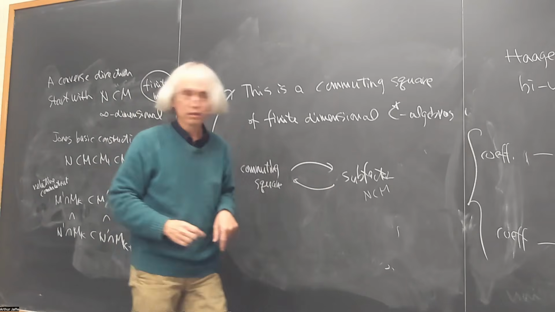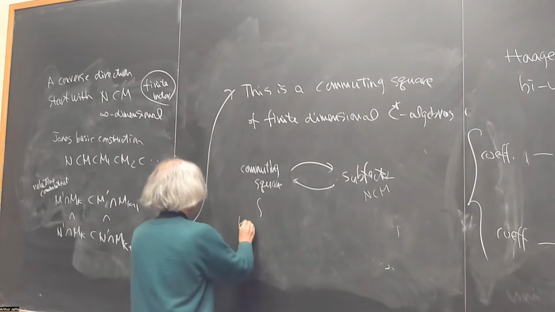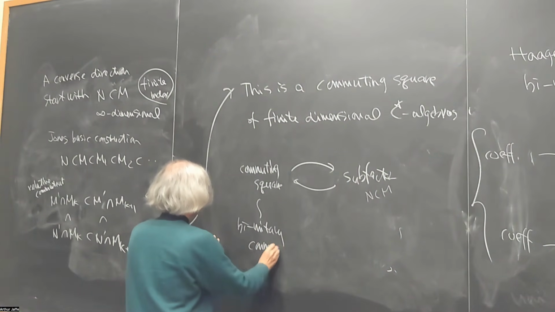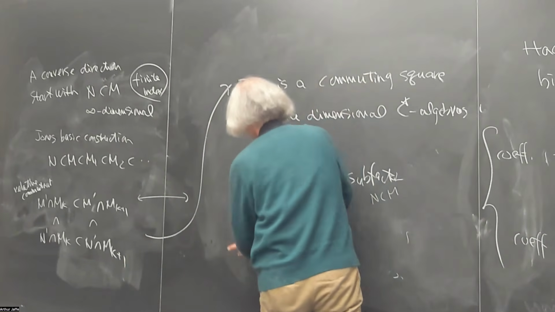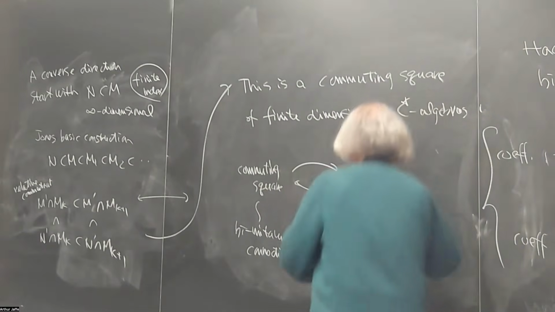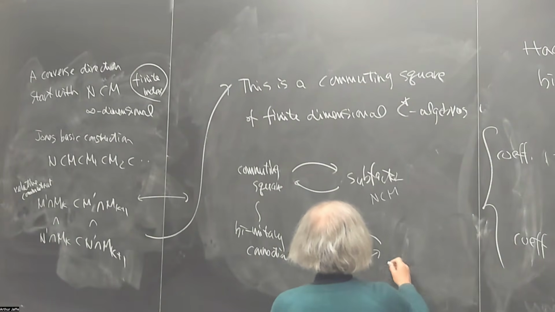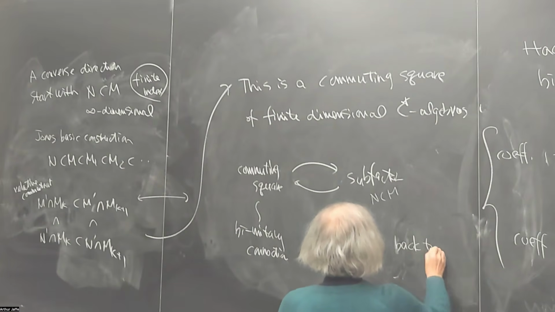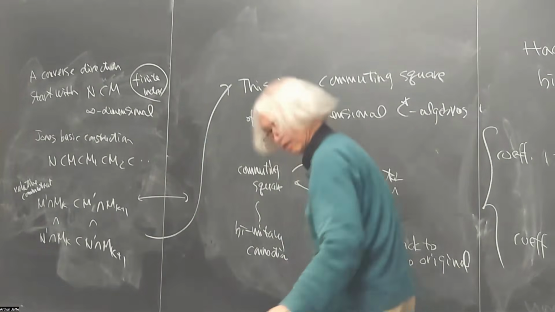Where does the bi-unitary condition come from? This is the characterization of commuting squares. So commuting square and bi-unitary connection are the same thing. If we go this way, then that is the original, but the other way, not.